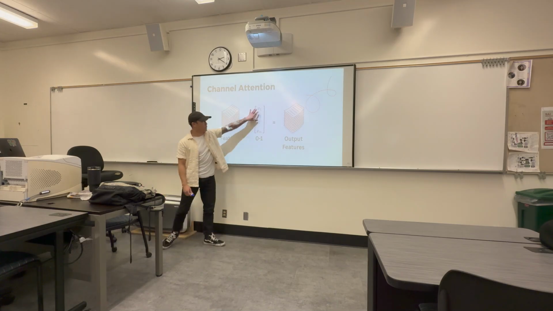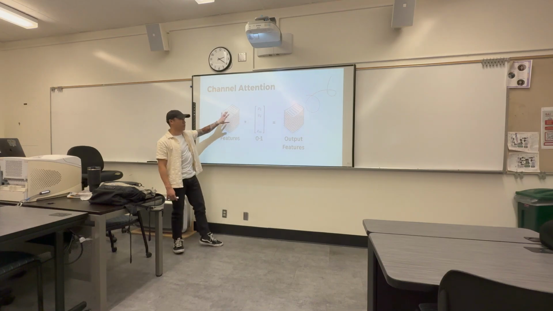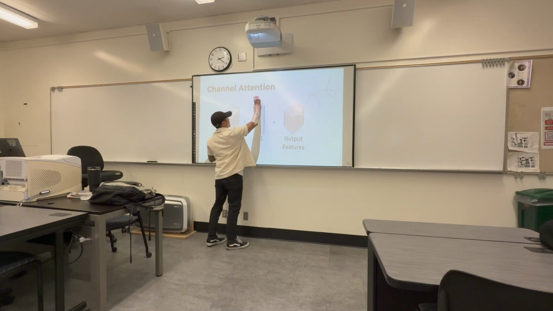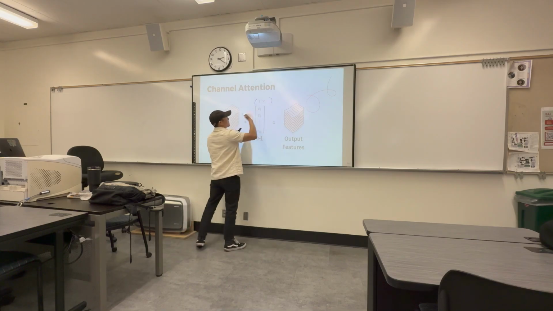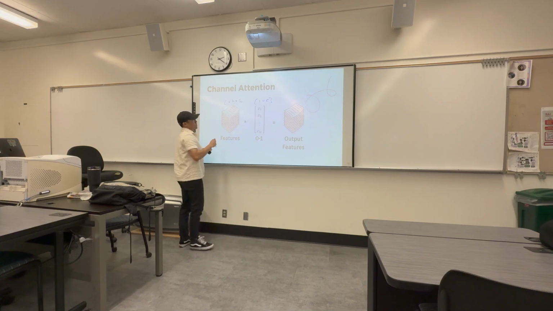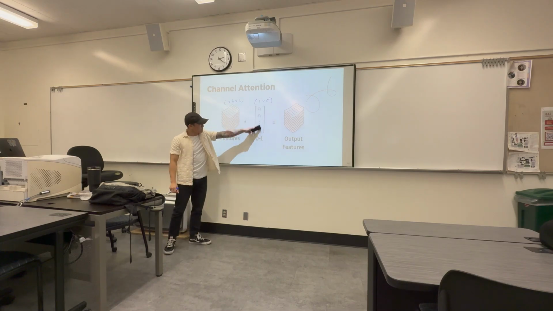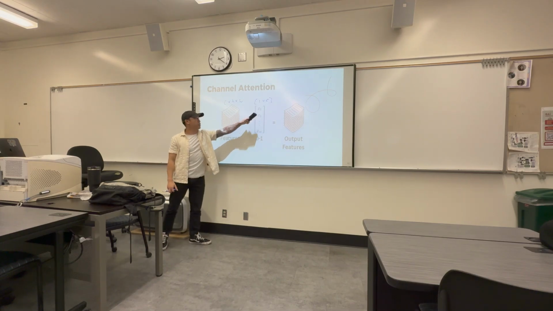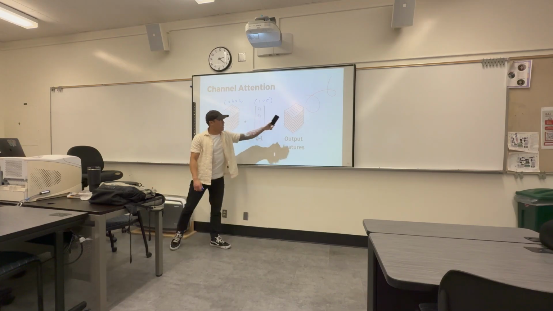And then we have a vector, and the vector is going to be multiplied by our, it's going to be a 1 by c, because this is going to be c by h by w. So every scalar in this vector corresponds to a piece of paper slash feature slash channel here. And that's going to be multiplied to get our output.